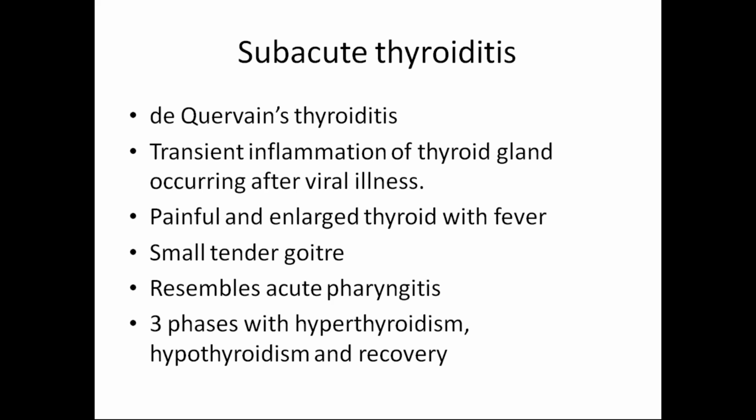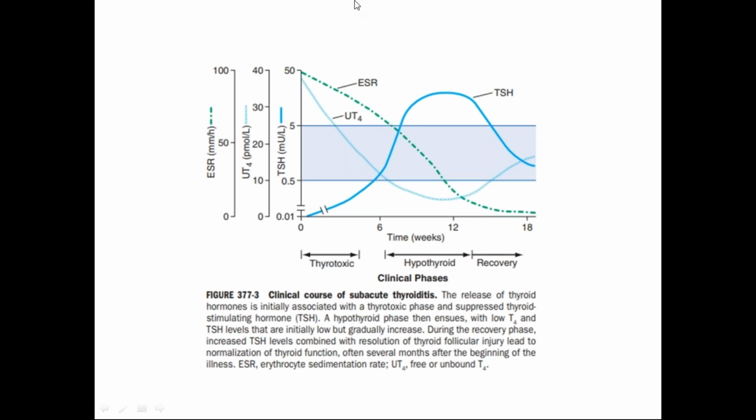These excessive hormones cause hyperthyroidism, and after the thyroid hormones get used up, there will be a phase of hypothyroidism. After that, the functioning of the gland will return to normal, and there will be a recovery. So this is the clinical course. First, it will be in its state of thyrotoxicosis.